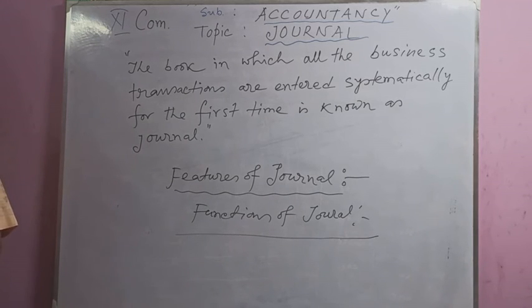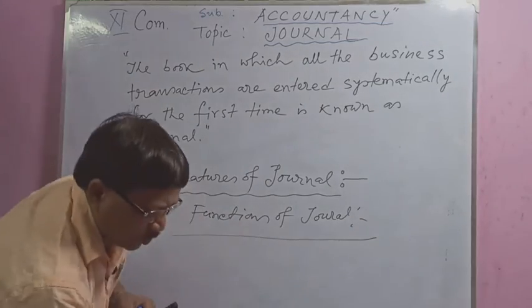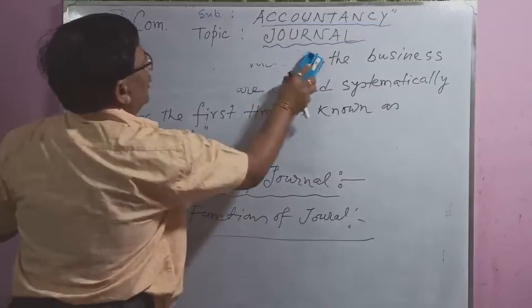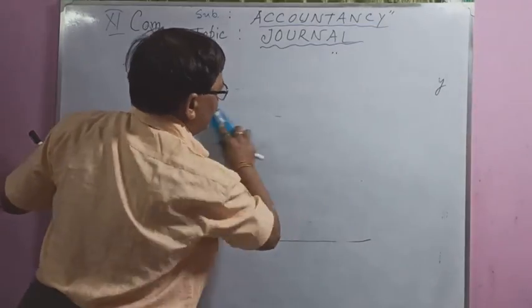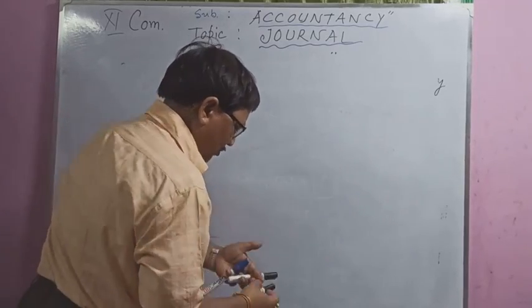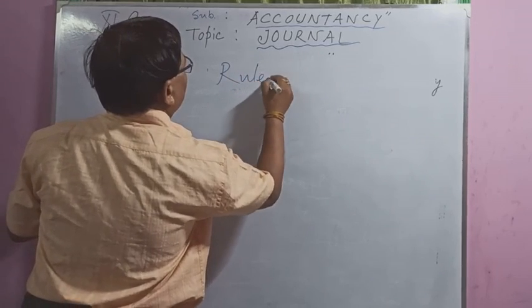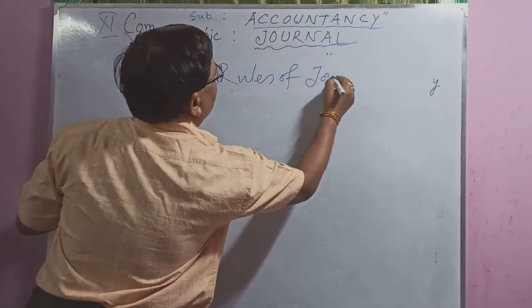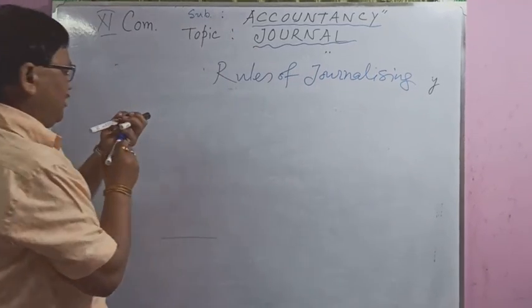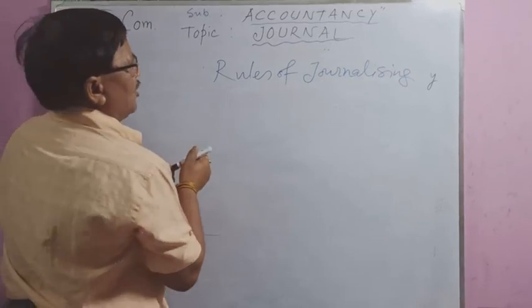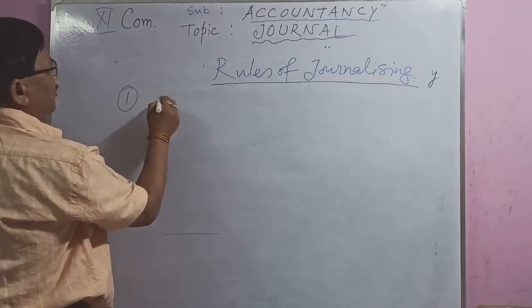Now, before journal, you should prepare the rules of journalizing. Rules of journalizing under the double entry system: accounts may be divided into three.